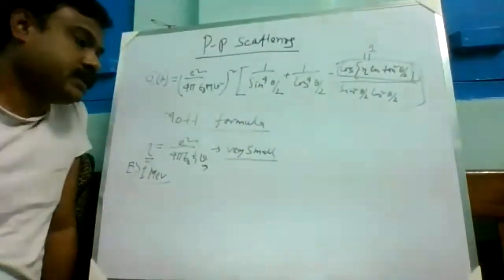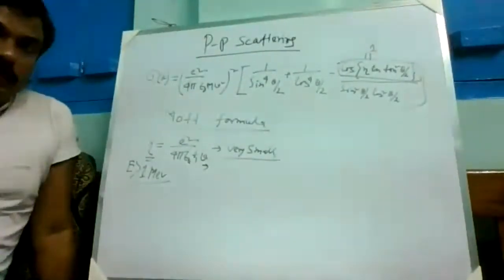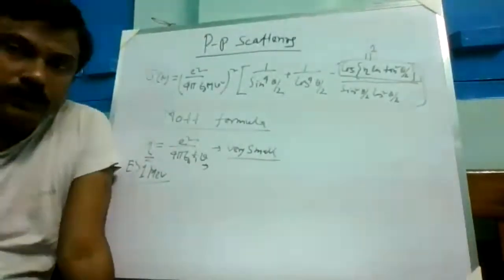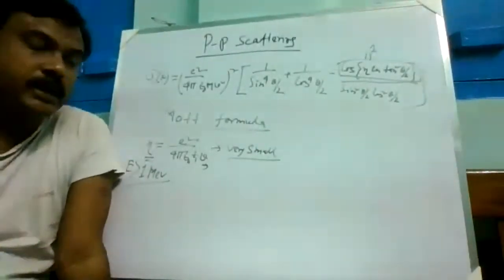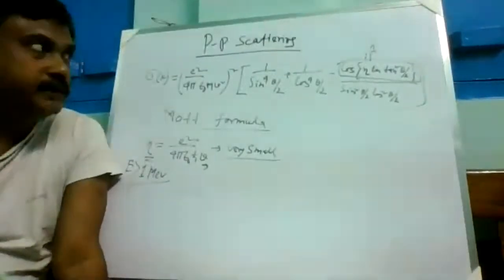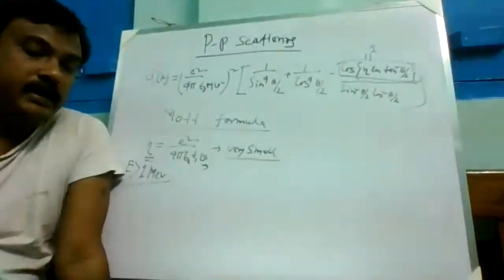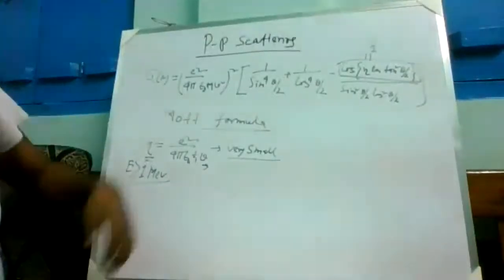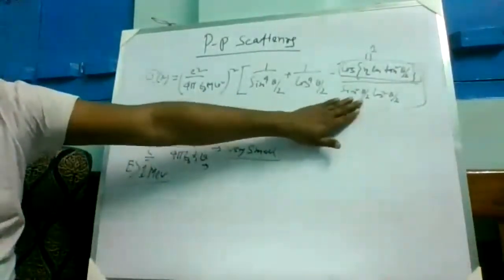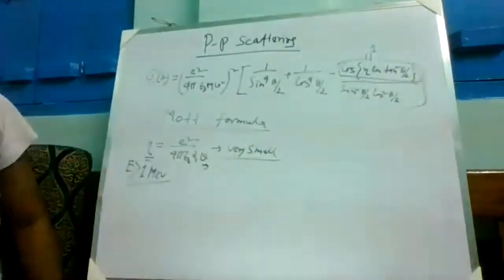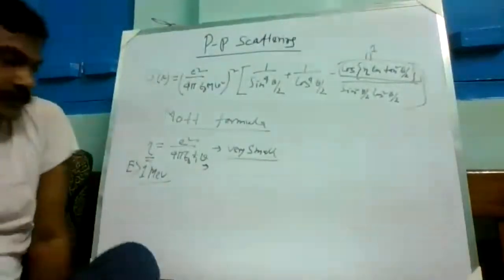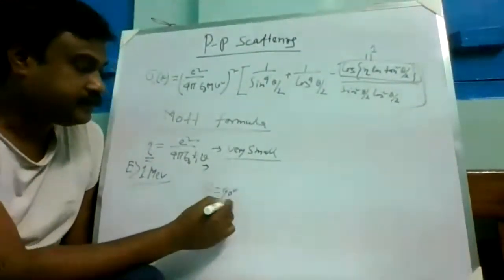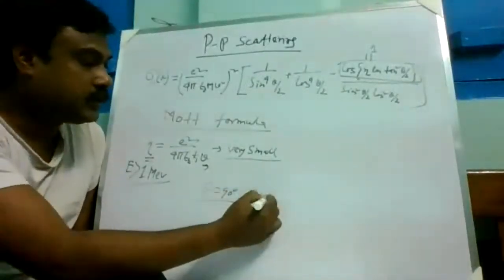Now, if we compare this formula with the previous formula we have derived, when we have not considered quantum mechanical treatment, then you will see that for angle theta equals to 90 degree, this term is additional term. The effect of this term is that, if theta equals to 90 degree, then theta by 2 will be equals to 45 degree.